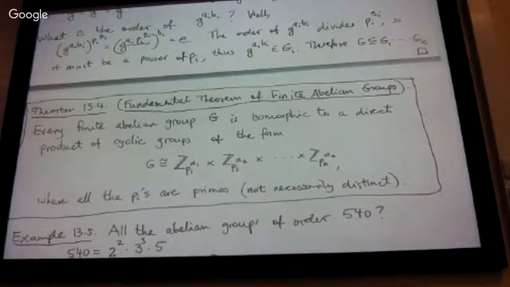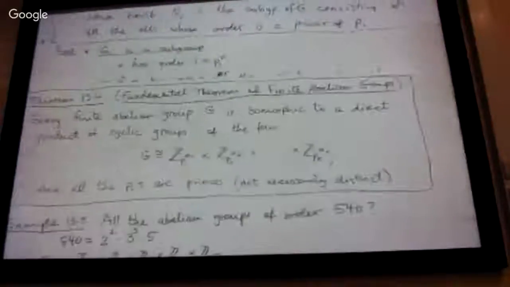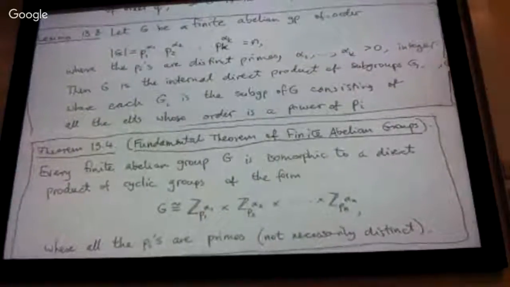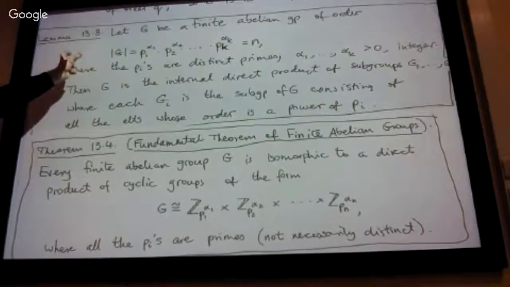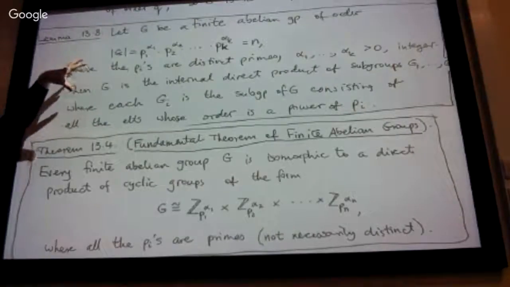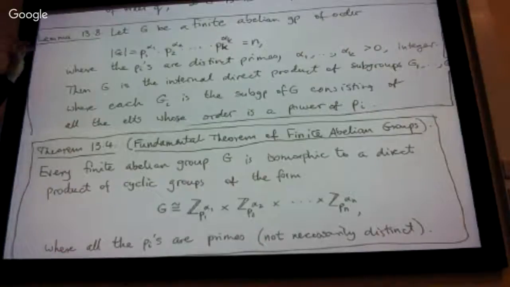What we're trying to prove is that whenever you get a finite abelian group, you can split it into a direct product of cyclic groups, and the orders of these cyclic groups are powers of primes. What we have so far is that lemma: you can put it into the direct product of some G_i's whose orders it doesn't really say anything about.